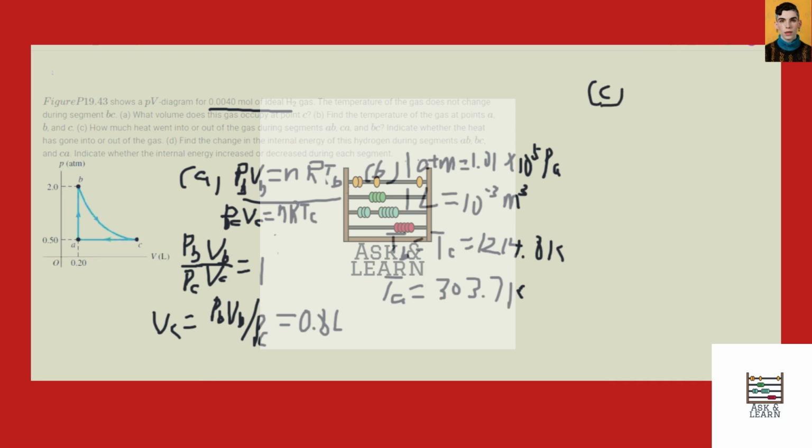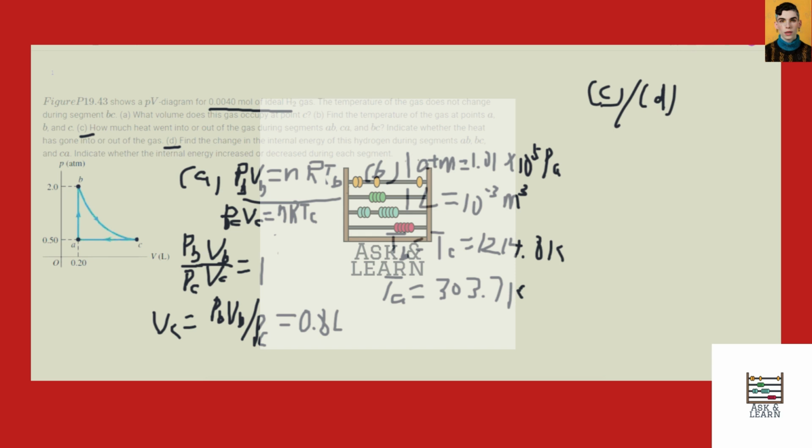And part C, we need to find the heat flowing into or out of the gas in the three processes. And in part D, we need to find the change of internal energy in the three processes. So we will combine part C and part D together.